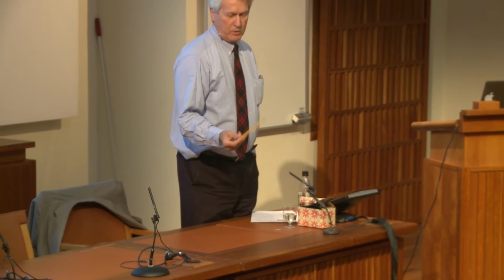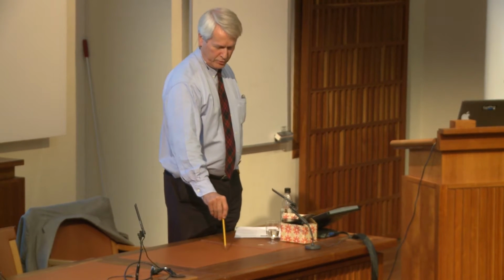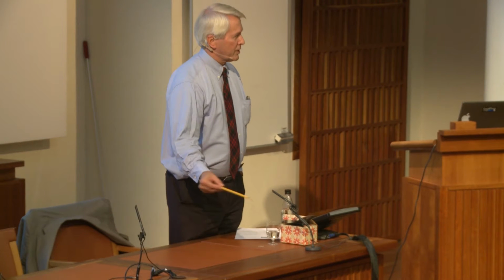Of course, this pencil is symmetric. We all know that there is an equilibrium. Theoretically, it could remain standing, but we all know from everyday experience that this pencil will fall, and the only stable equilibrium on the table here is when it's lying flat like this.